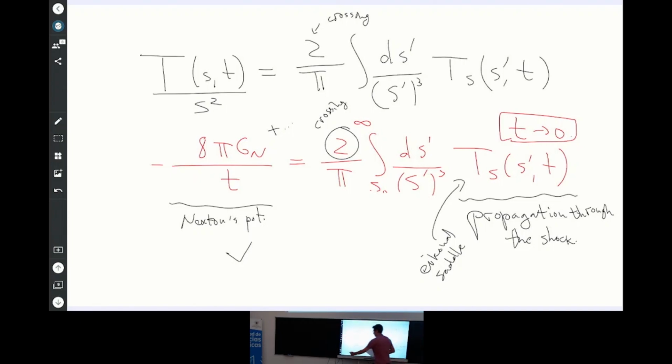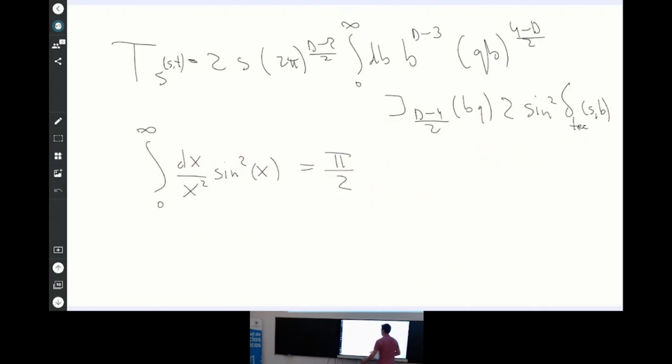If you look at this integral here, this x was defined by this parameter when we were integrating over impact parameter, and indeed this corresponds to x of order 1. This is a tree-level phase of order 1, so it probes this regime.